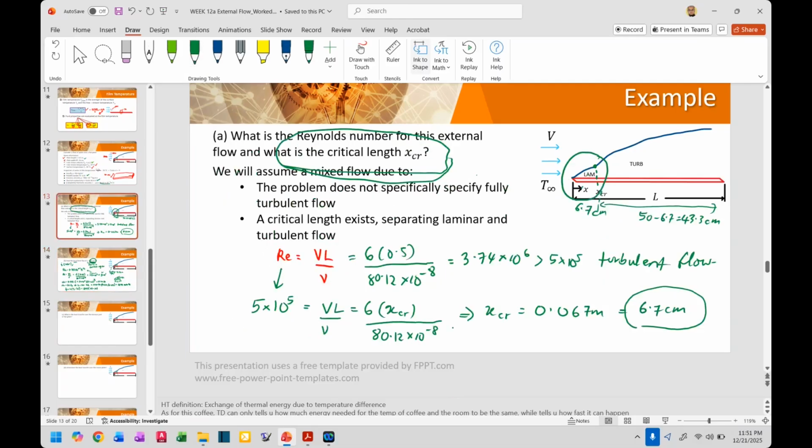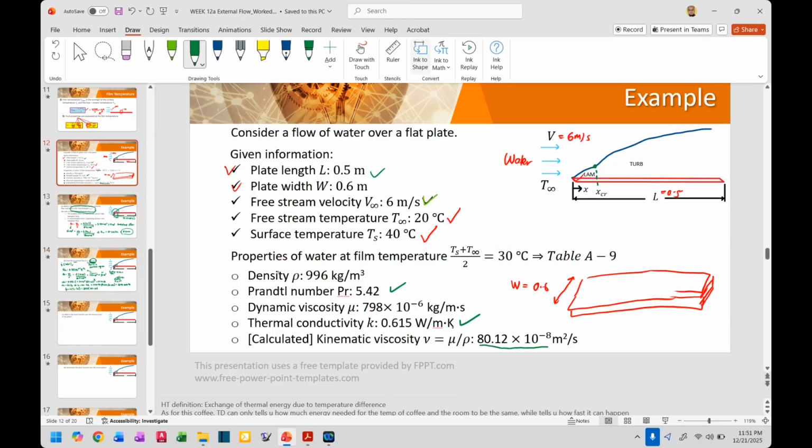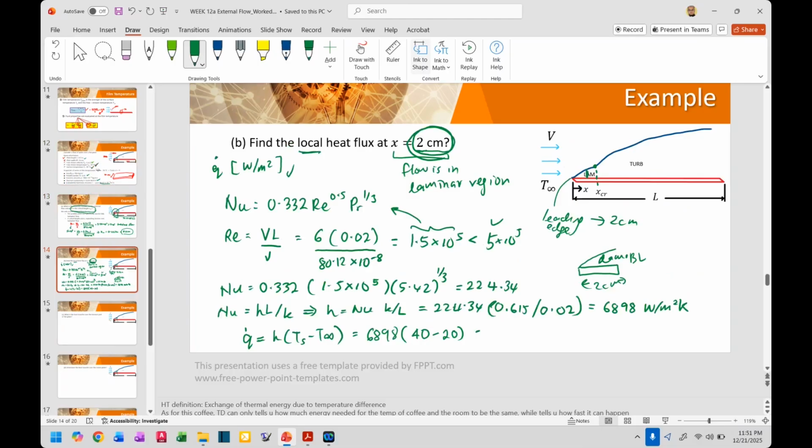Remember these values, yeah? 40 and 20. Q dot will turn out to be 138 kilowatts per square meter. It's 137,000 and something rounded off to 138. Okay, so that's the solution to question B.